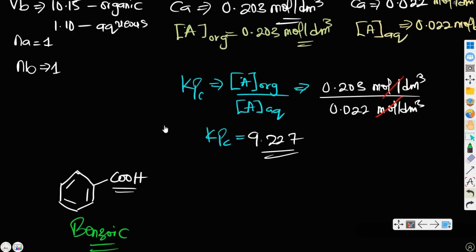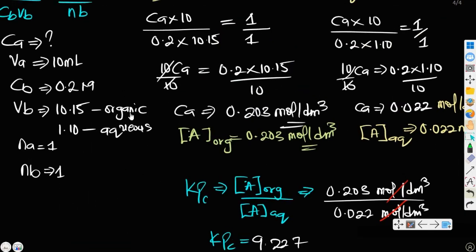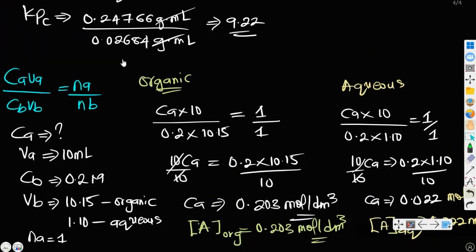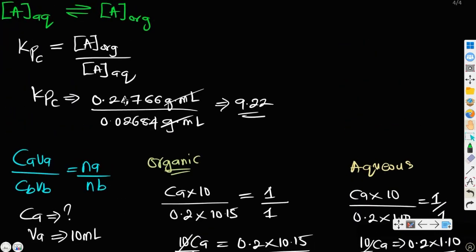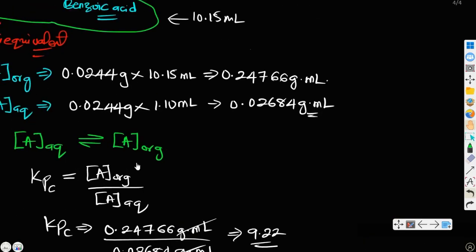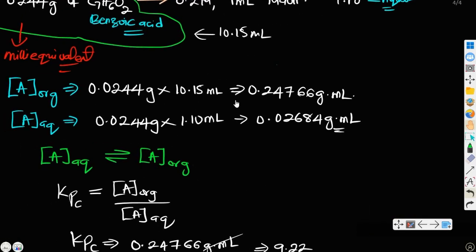Come up here. These values you got here, because when they say calculate the quantity, the concentration, what most of us did in the practicals was, for the organic, we divided, like it became 0.0244 divided by 10.15. You will get a value.